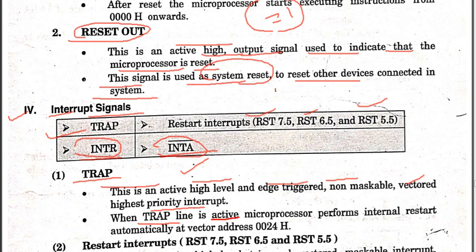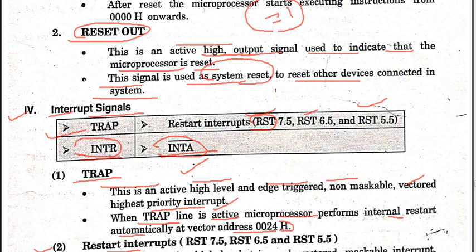So when the TRAP line is active, the microprocessor performs the internal restart automatically at the vector address 0024H. H means hexadecimal, ठीक है। तो जब भी ट्रैप पिन एक्टिव हाई होगा, तो उस टाइम माइक्रोप्रोसेसर परफॉर्म करेगा इंटरनल रिस्टार्ट ऑपरेशन ऑटोमेटिकली.